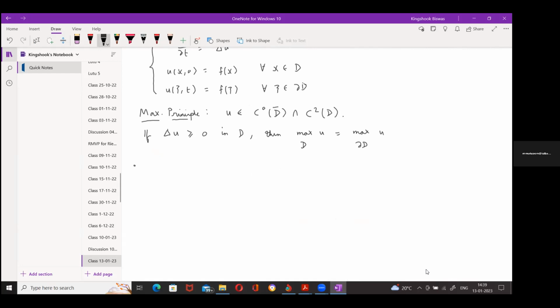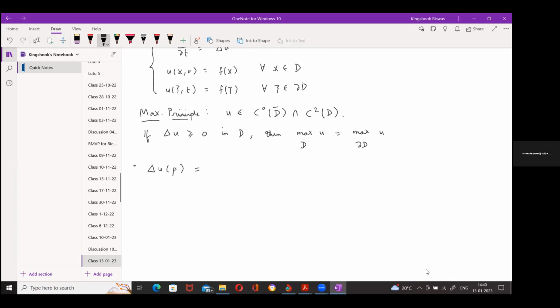It turns out, first of all, the Laplacian can also be obtained as a limit of mean values, a difference of the mean value from the value at the center.